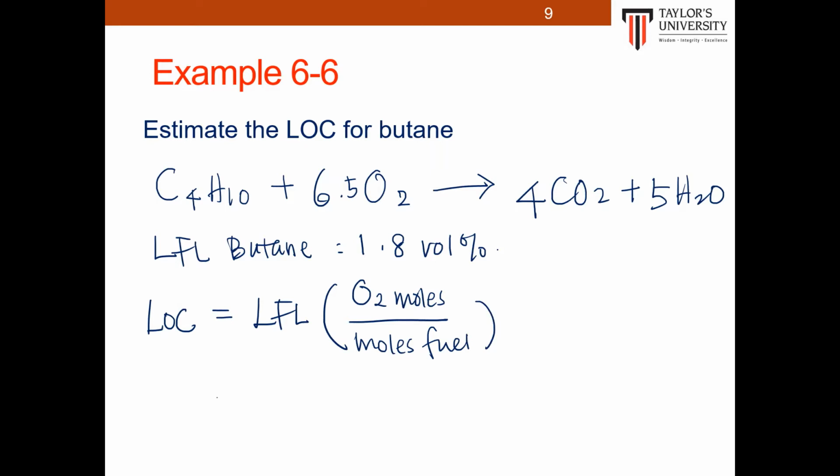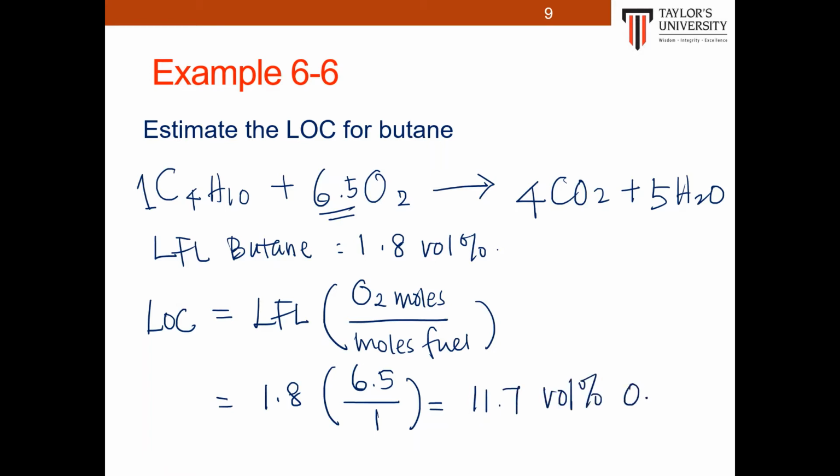In this case, we have 1.8 times 6.5 over 1 mole of fuel. If you calculate this out, it will be 11.7 volume percent of oxygen. So the limiting oxygen concentration for butane is 11.7 volume percent of oxygen.